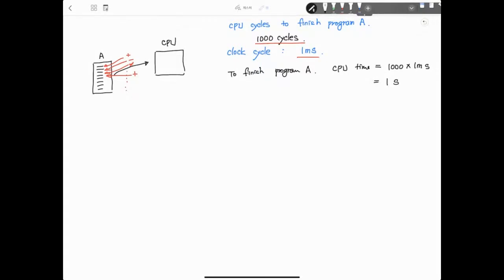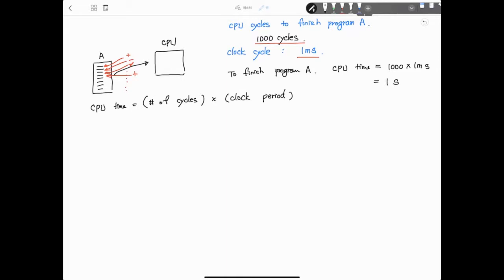So we know that CPU time is proportional to the number of cycles per program and the clock period. These are the two parts.